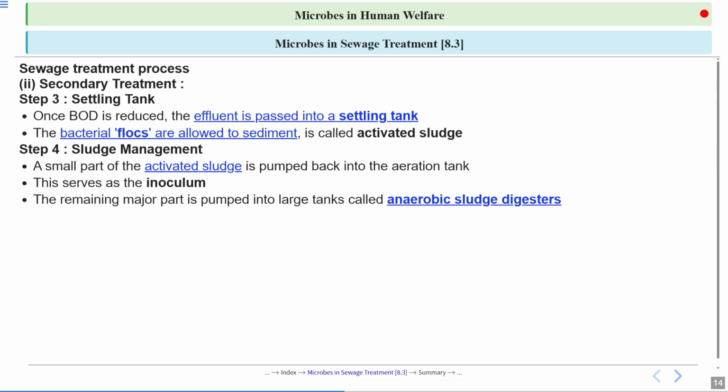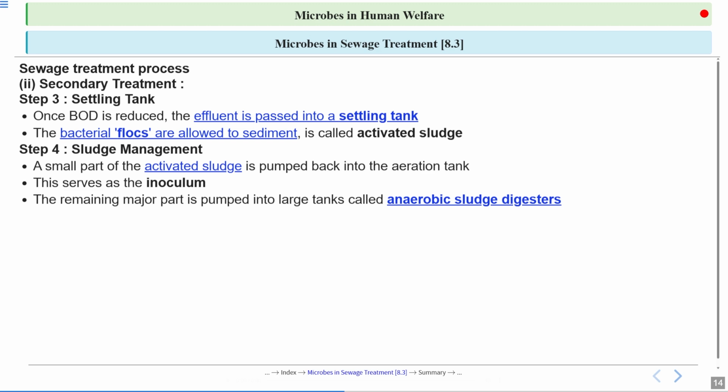Now the remaining major part is pumped into a large tank called anaerobic sludge digester. Clear? So this remaining activated sludge is rich in organic matter. It is pumped to sealed tanks called anaerobic sludge digesters.